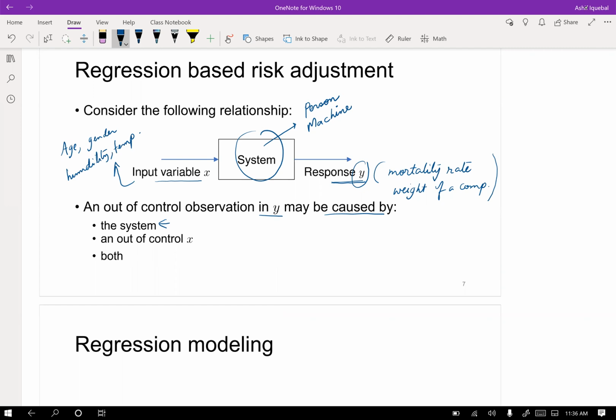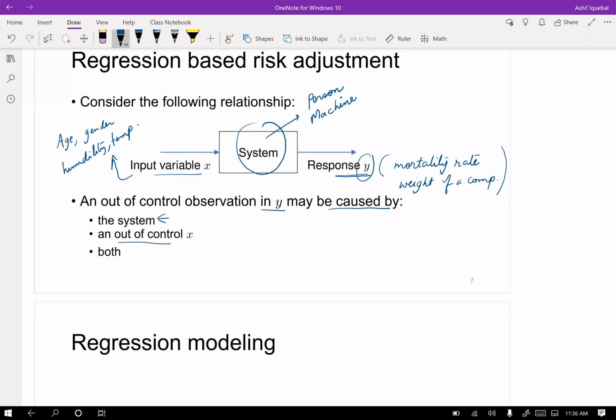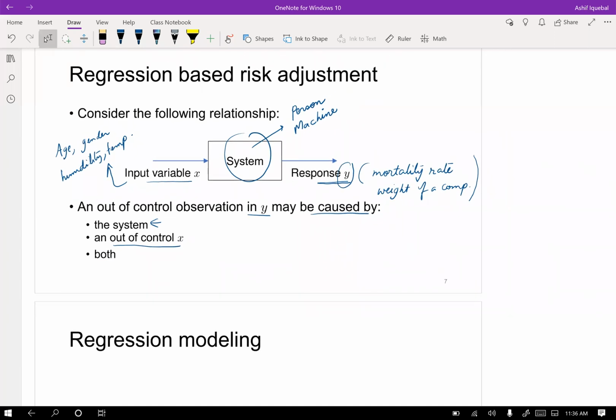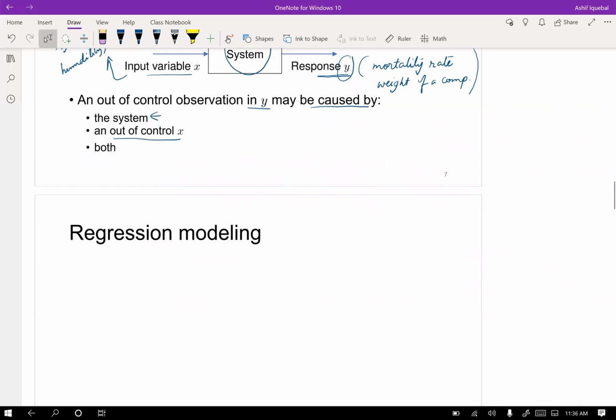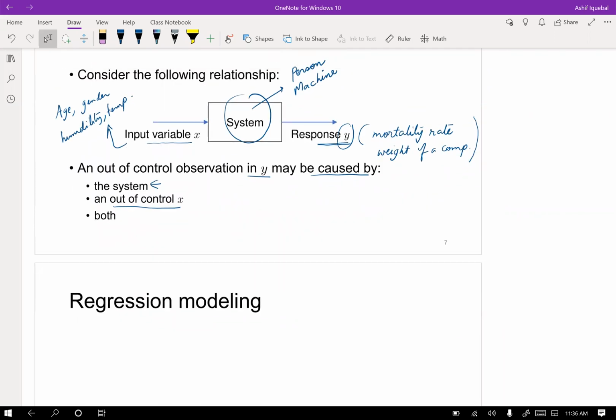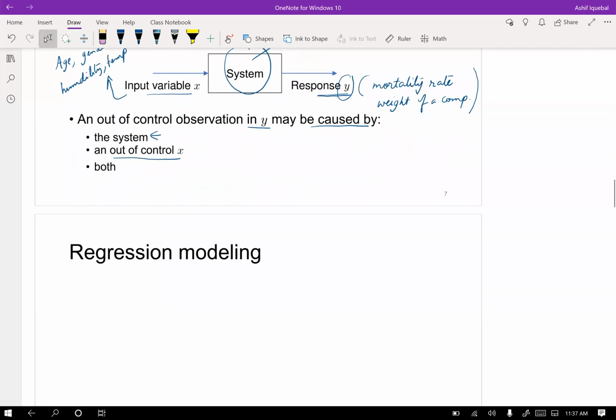If you have set the input temperature, but suddenly because of some external factors, the temperature changed, now this change will change your response, right? In this case, the out of control observation in Y would happen because there is an out of control X, right? So the out of control observation in Y may be caused either by the system or an out of control X or both, right? So let's hold on to this thought and let's study regression, and then we'll come back and see how we can address each of these points.